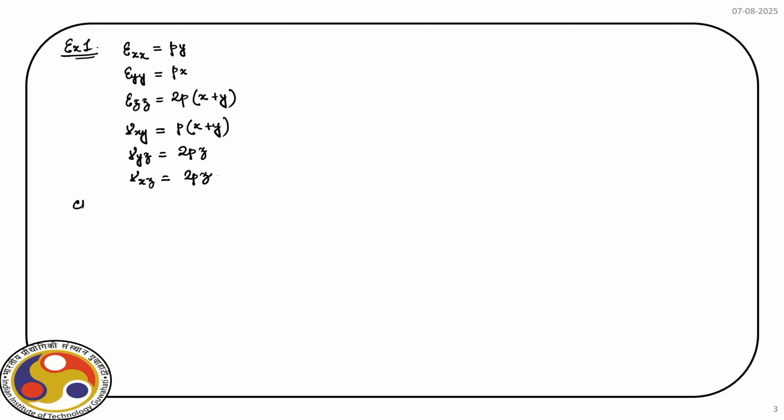We are supposed to check the compatibility of the given strain field.